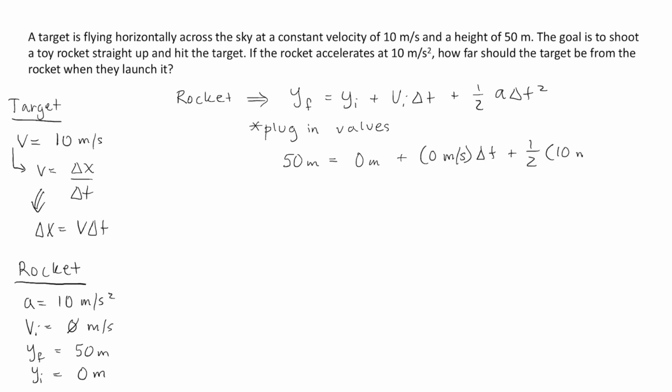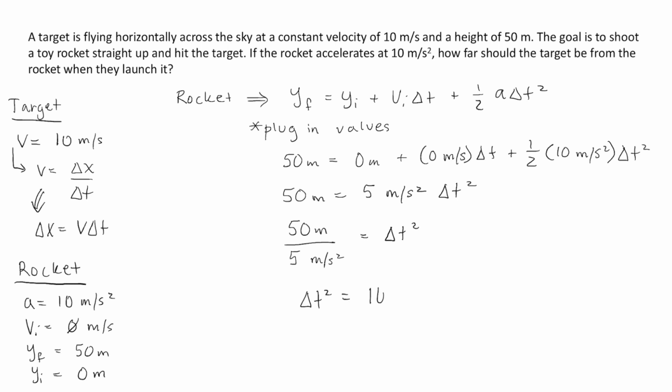It will make rearranging a lot easier. So after I plug in all my values, the only variable I'm left with is delta t squared. And so all I need to do is isolate for delta t squared, do the math, and what we find is that delta t is equal to 3.2 seconds.